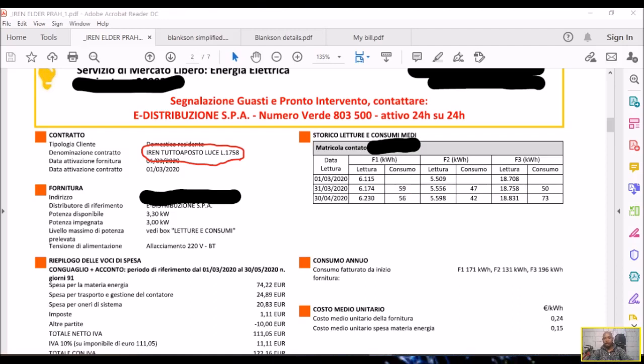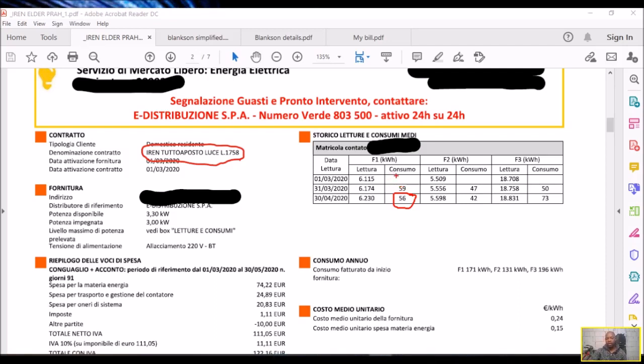And then as at 30th April 2020, they read 6,230. When you subtract 6,174 from 6,230, then you get 56. So F1 in this bill becomes the total of 59 plus 56, which is 115.